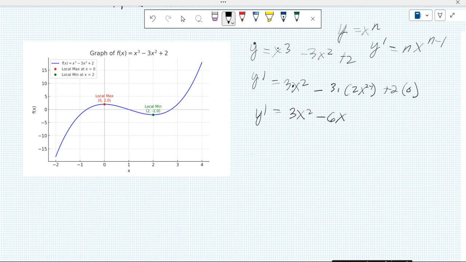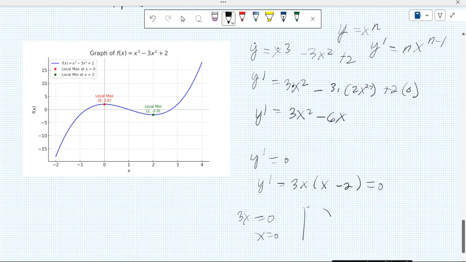So assuming y prime is equal to 0, all you need to do is to factor out the 3 and the x. So y prime is 3x multiplied by (x - 2) equals 0. 3x equals 0, or x equals 0, and the other one is x - 2 equals 0, or x equals 2.